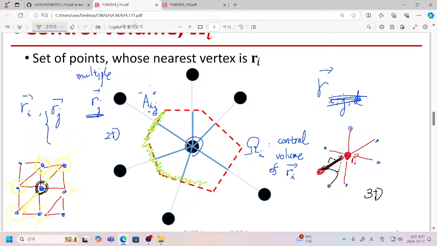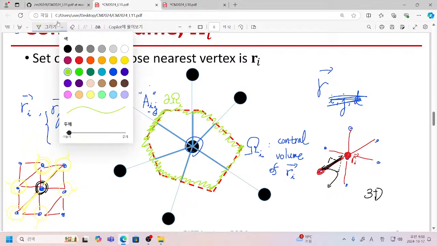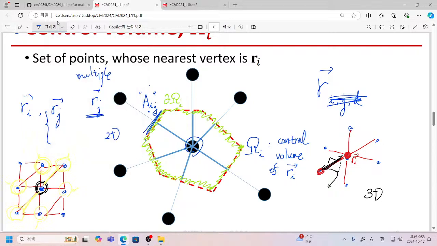And in our discretized form, it can be decomposed into one segment, another segment, and so on.